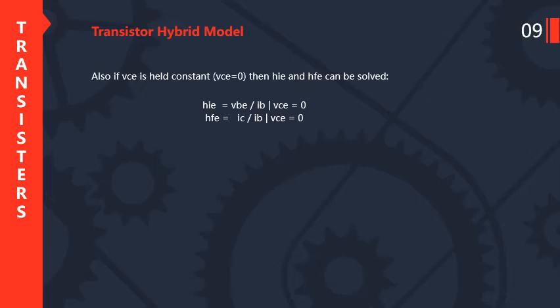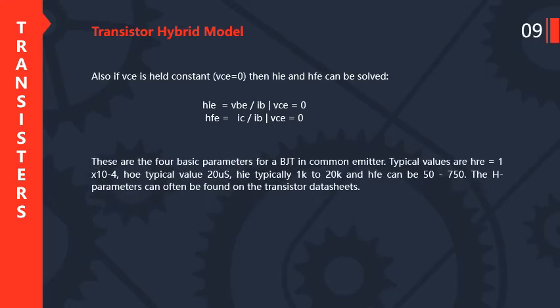HIE is equal to VBE divided by IB, where VCE is equal to 0. HFE is equal to IC divided by IB, where VCE is equal to 0. These are the four basic parameters for a BJT in common emitter. Typical value of HRE is 1 into 10 raised to the power minus 4.